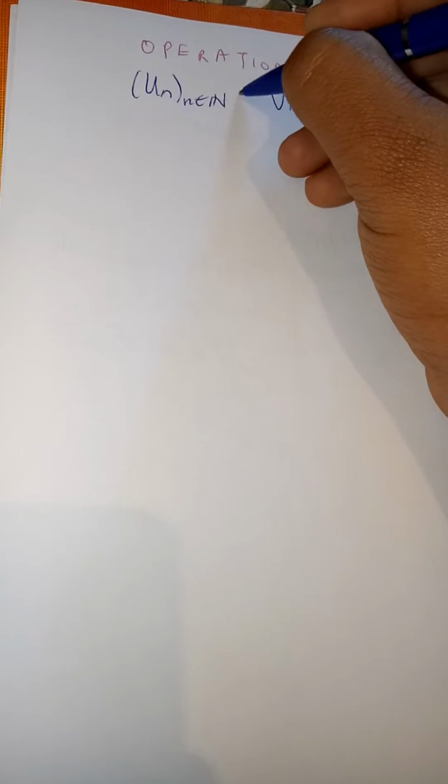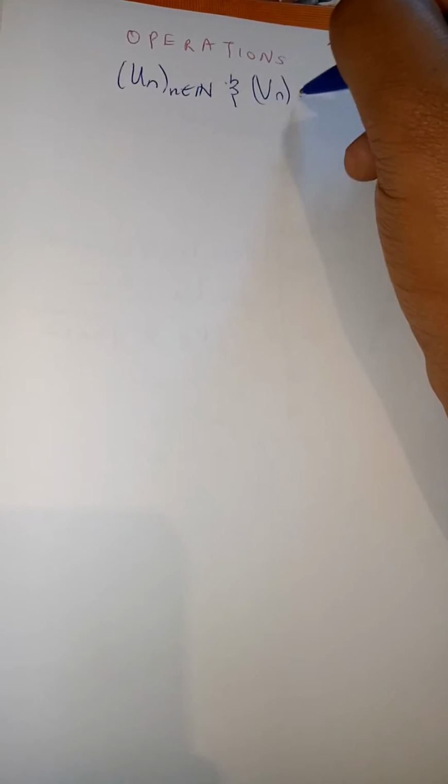Generally, we note it as un. It can be noted as vn, wn. So for us to talk about the operations of a suite, we need to have two suites to work with. In this case, we are going to work with suite un and suite vn.